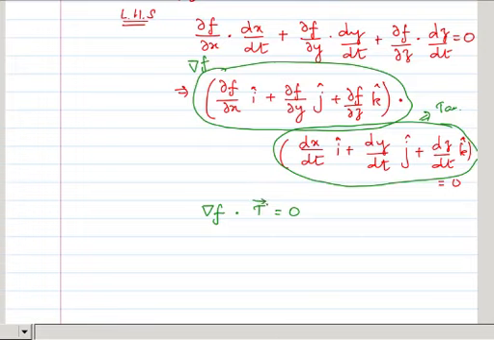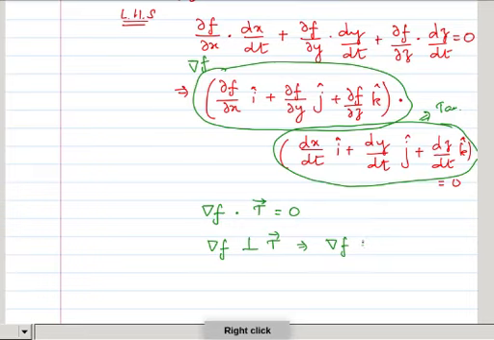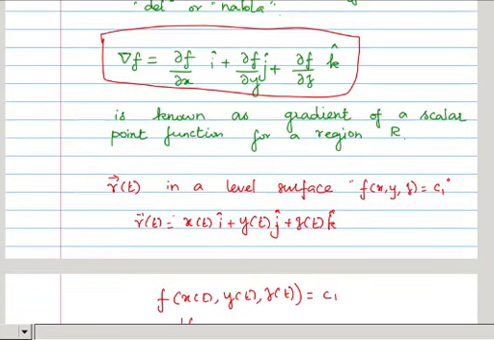This means gradient f is orthogonal to the tangent vector, so gradient f is normal to the curve r of t. But r of t is not a fixed curve, it is an arbitrary curve.